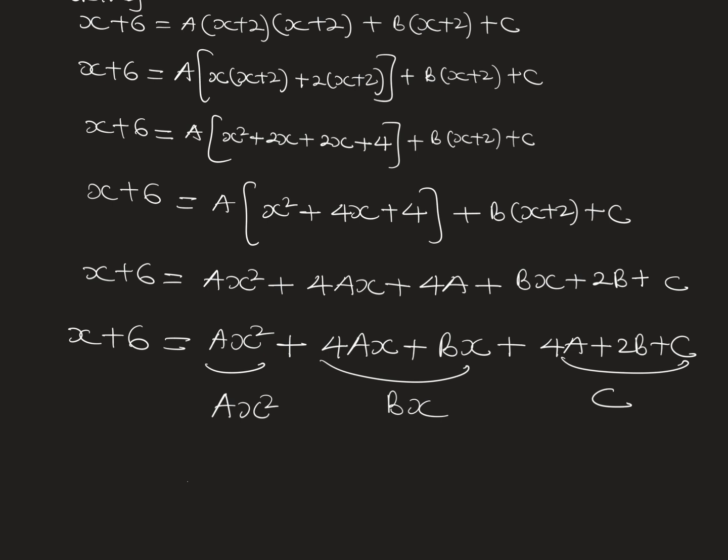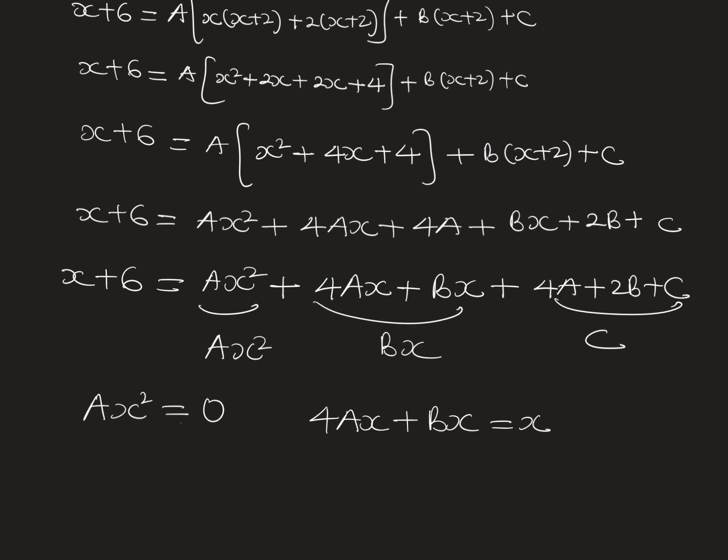All right. So if we do the comparison, we have to compare what we have on the left-hand side of the equation with what we have on the right-hand side of the equation. Okay, so it means that, do we have any x squared term here? We don't. So what does that mean? It means that the ax squared is equal to 0. All right, and so 4ax plus bx will be compared to this. Okay, that is 4ax plus bx is equal to x.